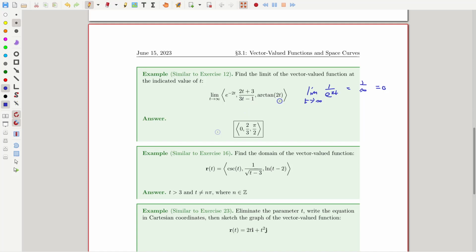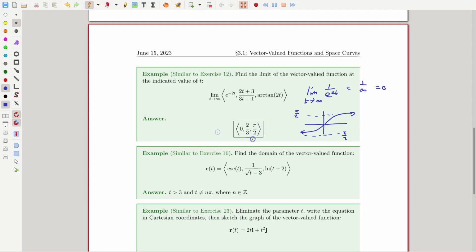The limit for the last function requires you to know what the inverse tangent function looks like. So you should hopefully have this kind of picture in mind of how inverse tangent behaves. It has these two horizontal asymptotes at pi over 2 and at minus pi over 2. So we're trying to take the limit as t goes to infinity, which makes us approach this horizontal asymptote.